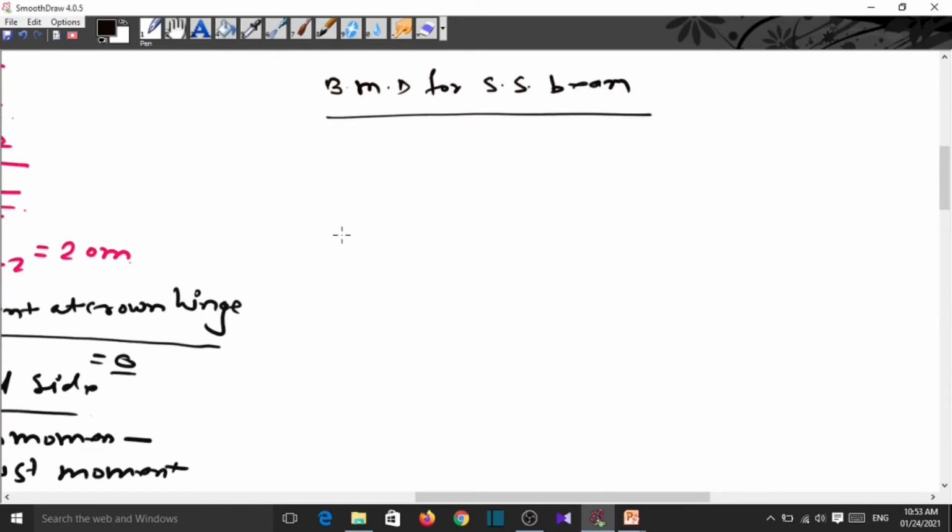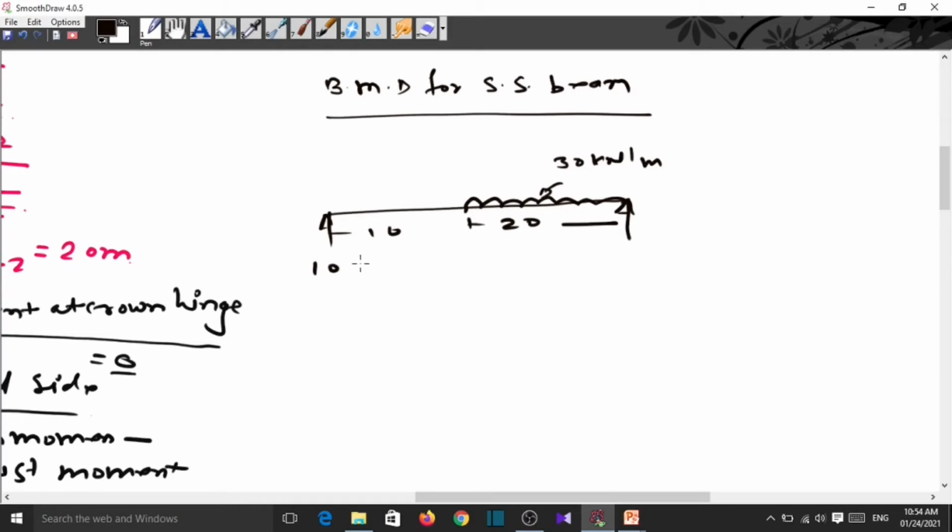Now we know this is our beam. This is the load, 30 kN per meter, and this is 20 meter. This is 10 meter. This is 100 kilonewton. This is 200, 500 kilonewton.